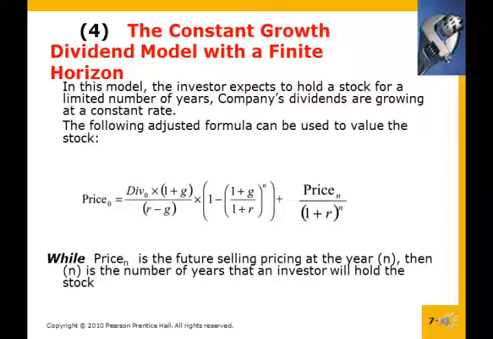And then plus, take care, plus the third part, price n divided by 1 plus r to the power n. Also this part, price n divided by 1 plus r to the power n, is a part of the rule of the second model, which is the future price divided by 1 plus r to the power n.